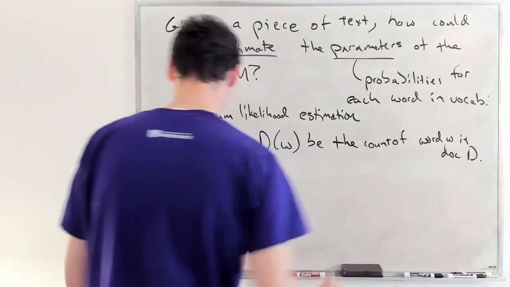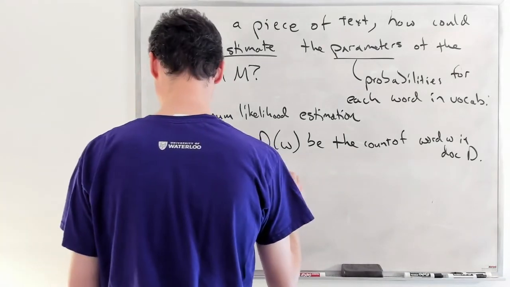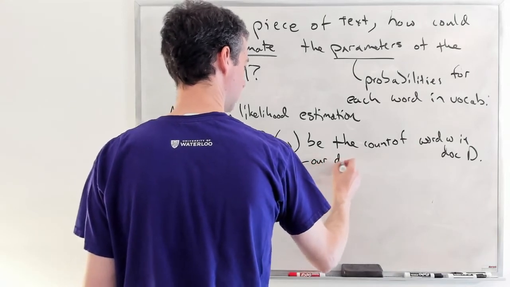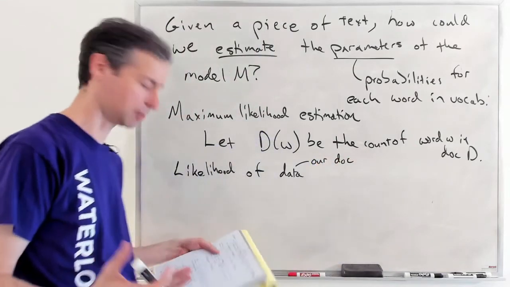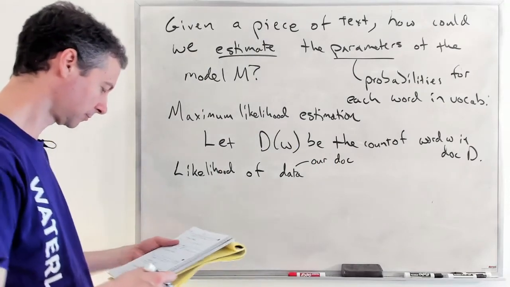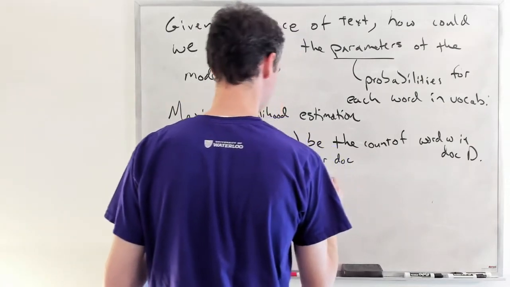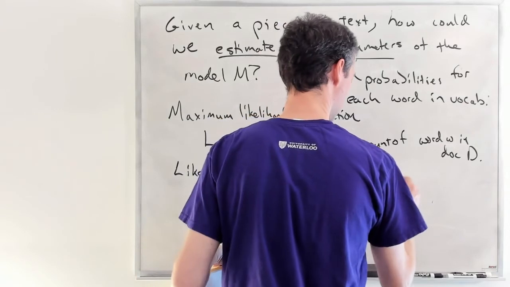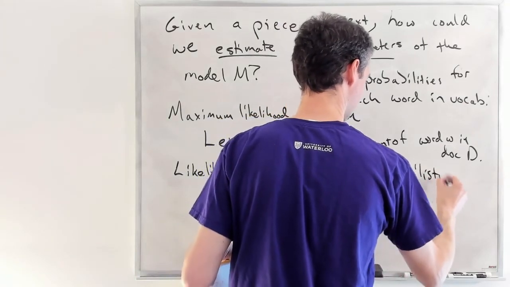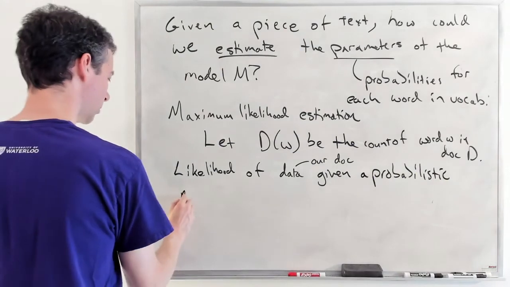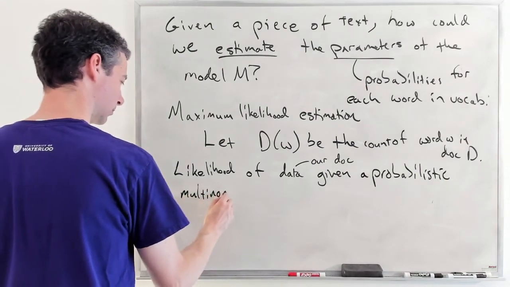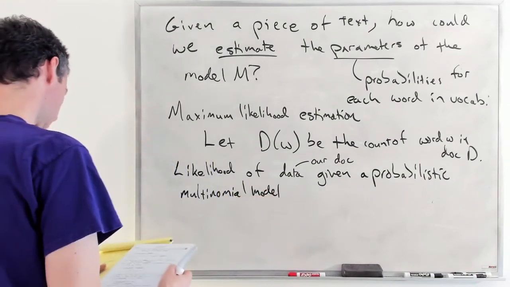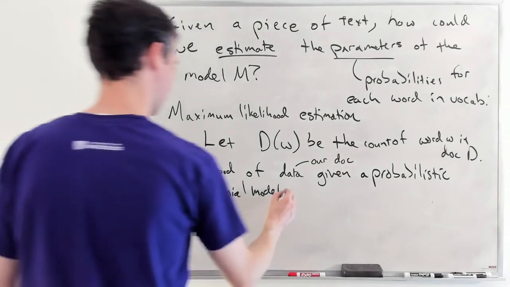The likelihood of, let's just fix this. That was too many words there. Likelihood of data. And by data, we mean this is our document. So we're going to be trying to model the document. Given a probabilistic multinomial model is as follows.